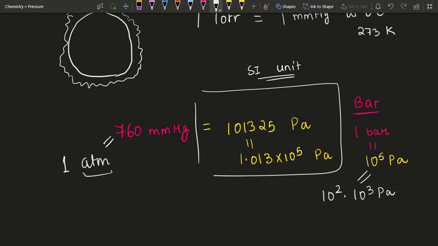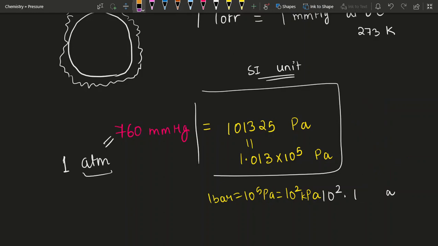Since 10 to the power 3 is 1,000, and 1,000 pascal can also be written as 1 kilopascal, 1 bar is equal to 10 to the power 5 pascal, which again is equal to 10 to the power 2 or 100 kilopascal, kPa for short. And you can substitute this conversion of bar into pascals or pascals into bar, whichever side you take it. Then you can write this 10 to the power 5 pascal as a bar, and you will get 1.013 bars.